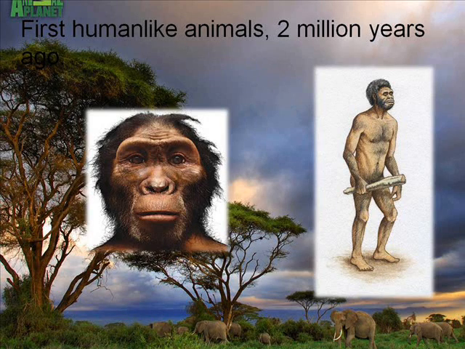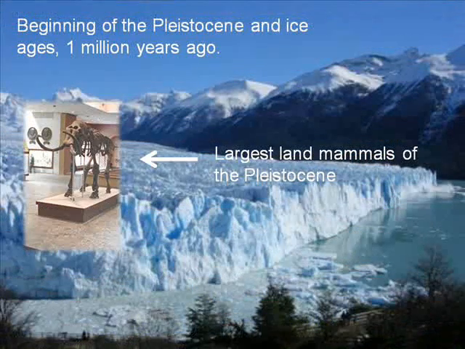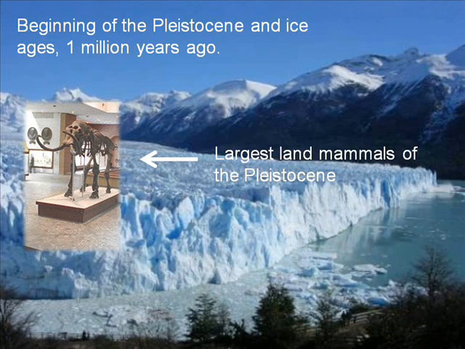First human-like animals appeared 2 million years ago. Beginning of the Pleistocene and Ice Ages, 1 million years ago.